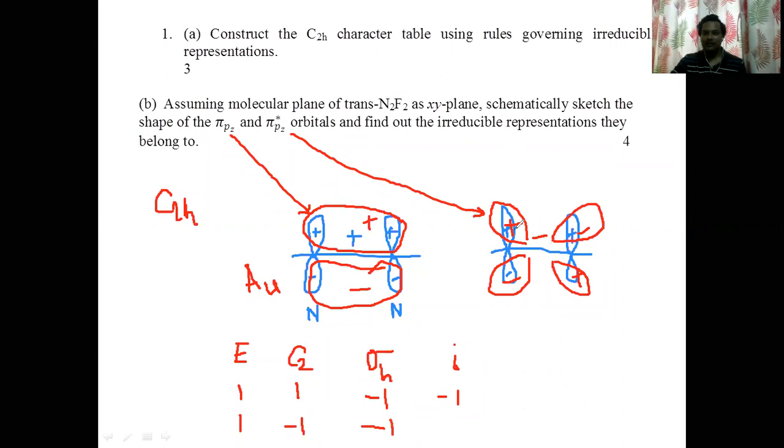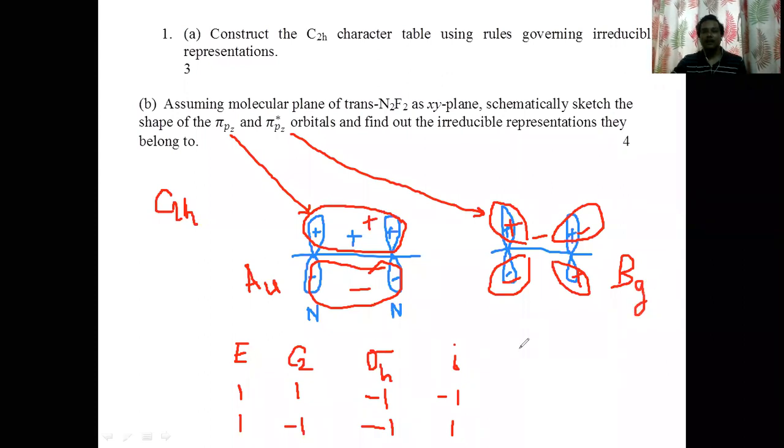Now the inversion point is here. If I invert, that is going to be +1. So what is its irreducible representation? It is 1 dimensional, either A or B, but this is minus, so that is going to be B. And again inversion gets preference, so if you get plus, this is going to be gerade.